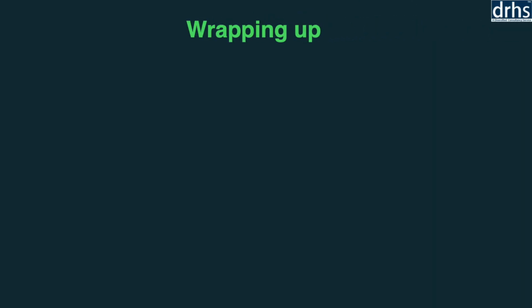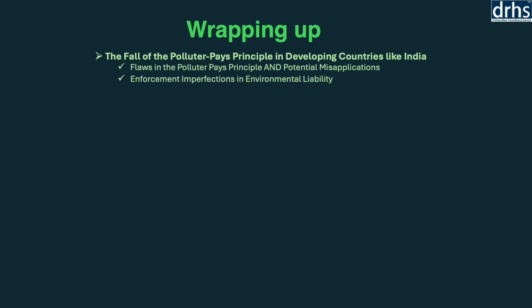With this, we draw the curtains on our comprehensive series on the Polluter-pay principle, an essential yet often under-enforced pillar of environmental governance. Before we move into our upcoming discourse, let us briefly recapitulate the insights shared in today's concluding session. We explored the role of the Polluter-pay principle in developing countries with a focus on India's regulatory and socio-economic landscape.